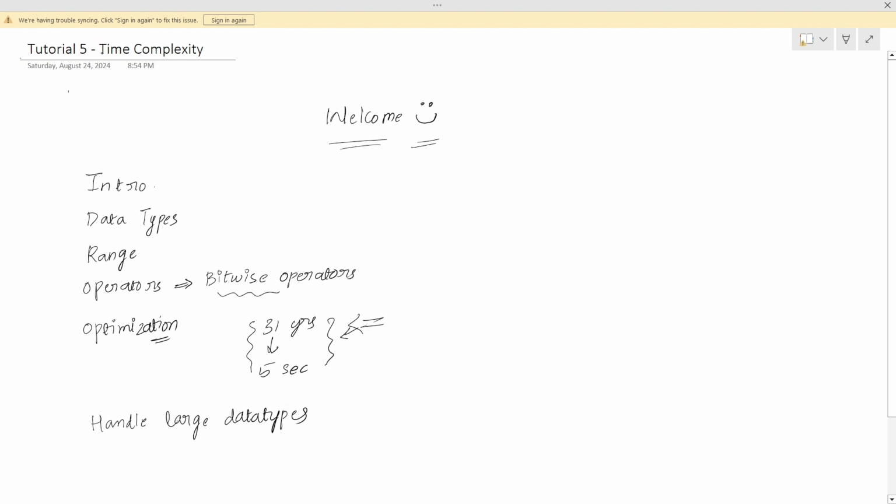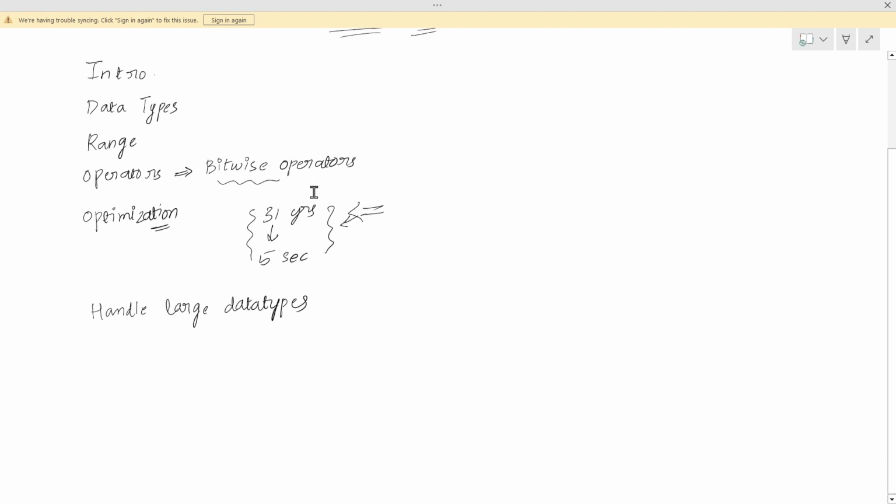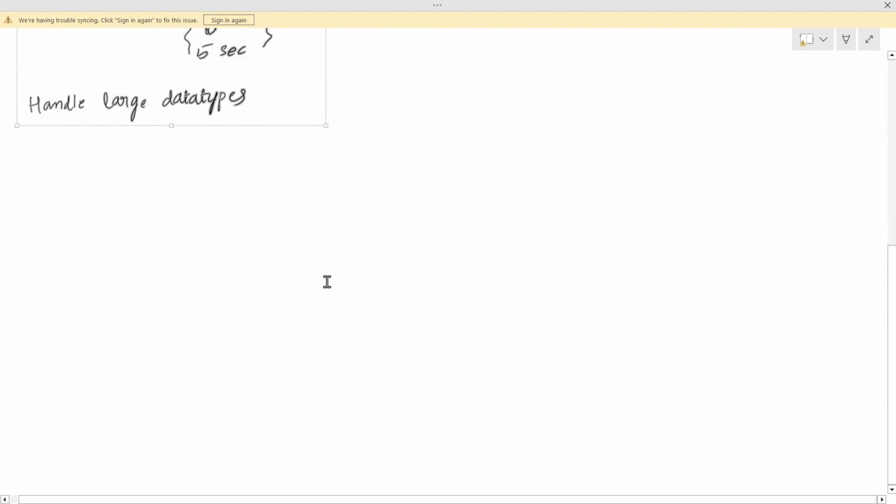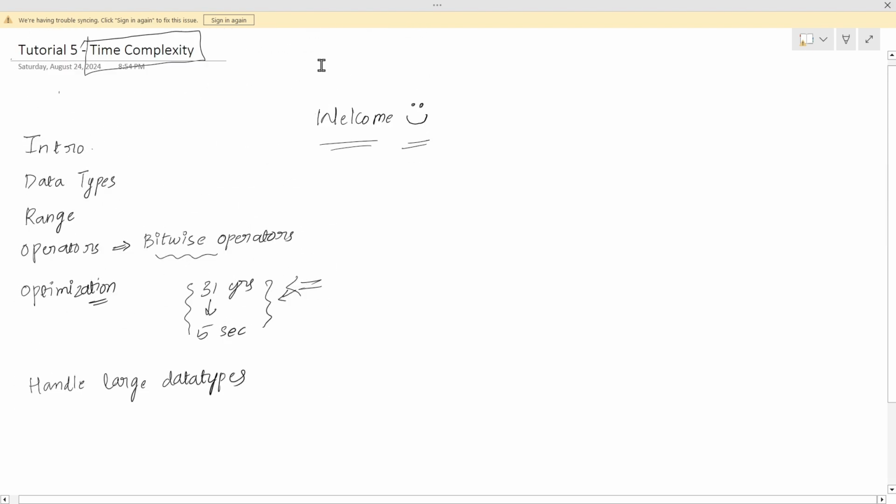So in this session we will discuss time complexity. How important is time complexity while writing any code, right? So before discussing time complexity, I just want to tell you, in our previous session we have discussed time, right?